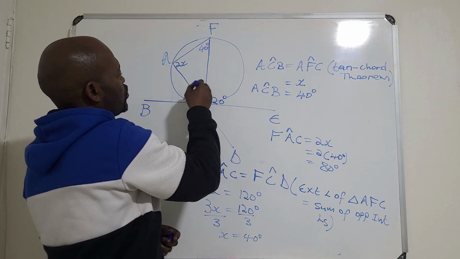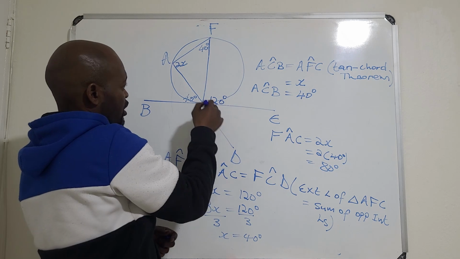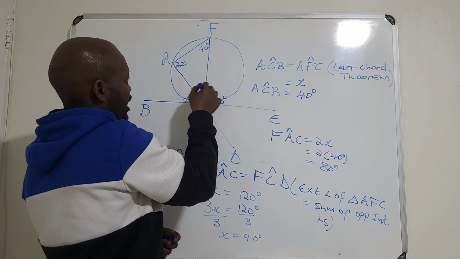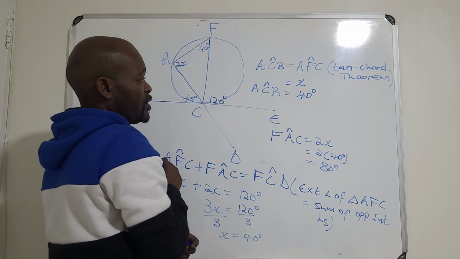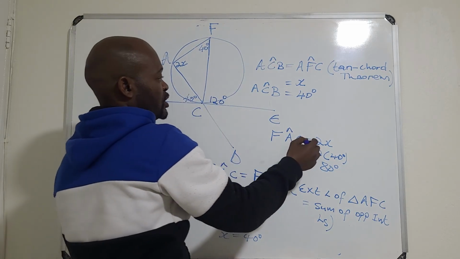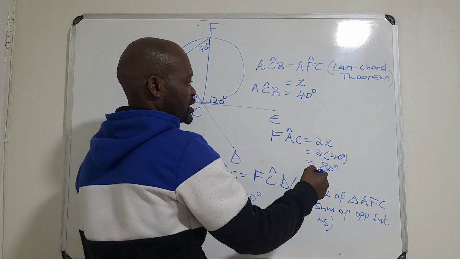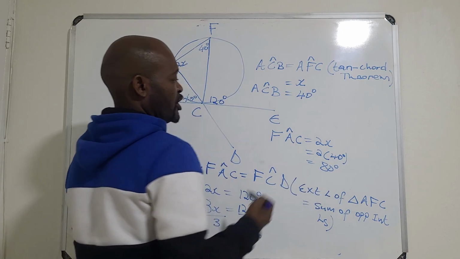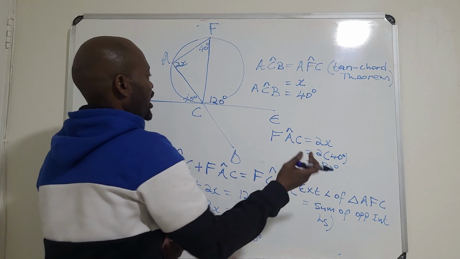So it means that we would have got this angle from angles on a straight line. To get that, it is 80. And we could have got this one there by using 2x. And we do have our x, therefore 2 times x, 2 times 40. Then we have this angle, angle FAC, to be 80 degrees.